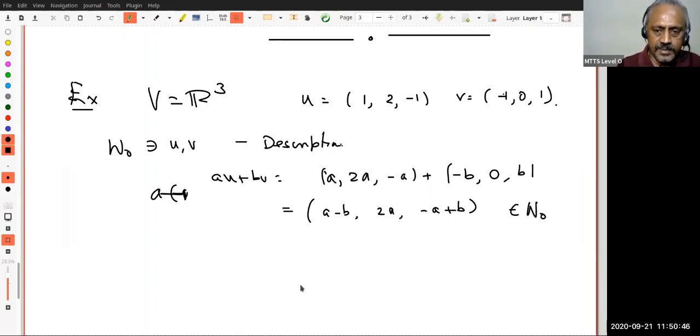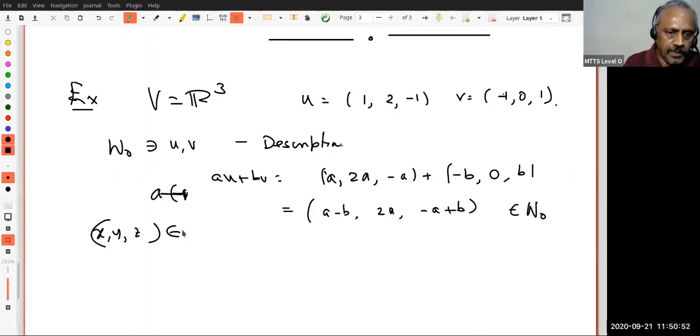What is the pattern? If a point x, y, z belongs to W naught, then x, y, z must be of the form a minus b, 2a and minus a plus b. Take any vector x, y, z in R3. I want to know when it belongs to W naught. Any vector in W naught is of this form for some scalars a and b.